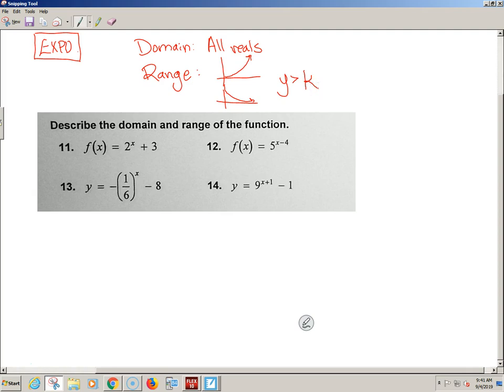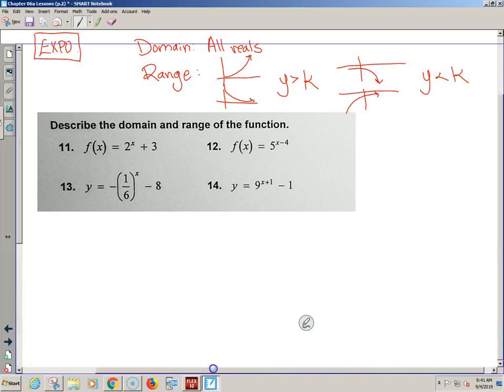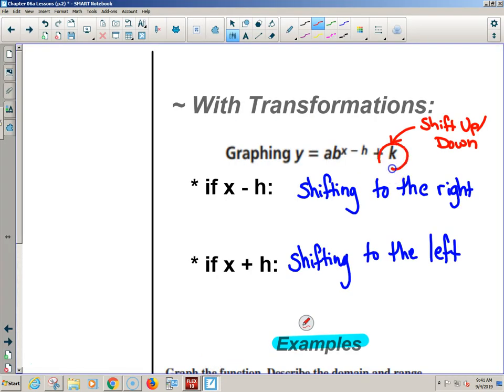But if it's one of those mirrored ones, one of those reflected ones where it's swooping down, then it's going to be y is less than k. Wait a minute, who's k? We just talked about him a second ago. Oh, he was in our notes, wasn't he? K is this guy.